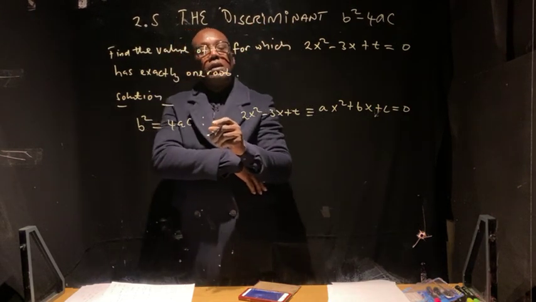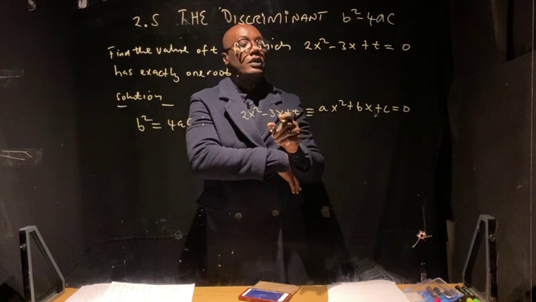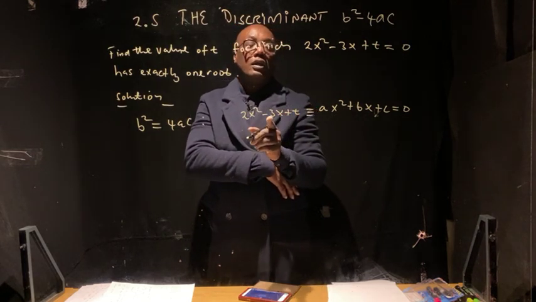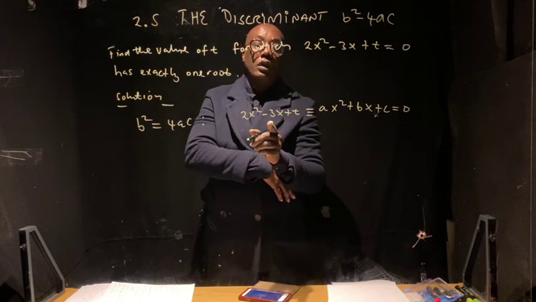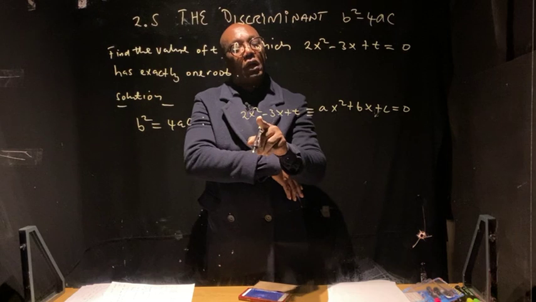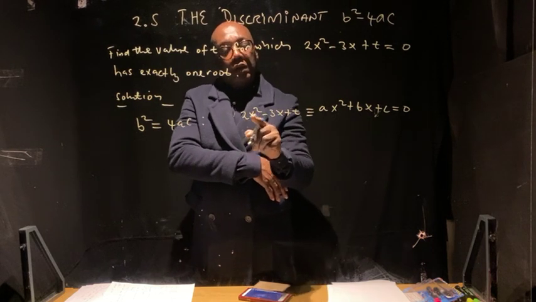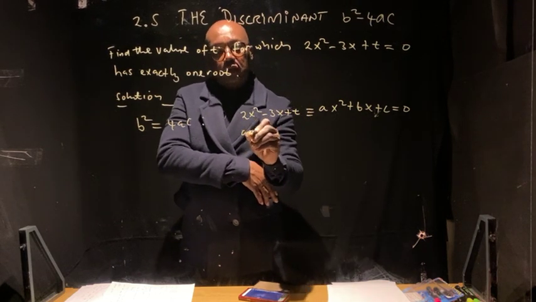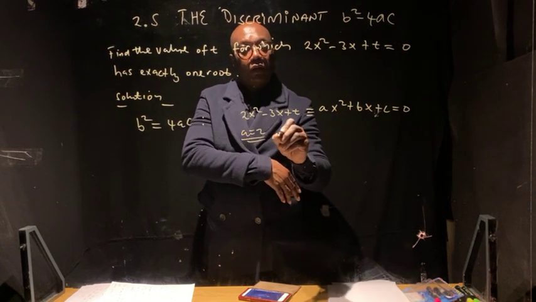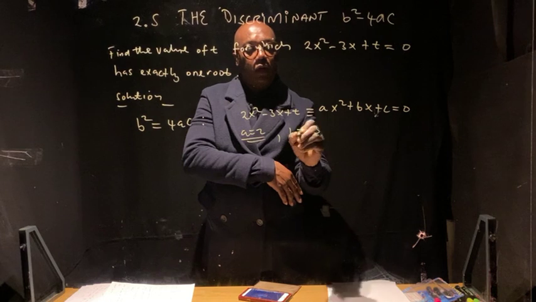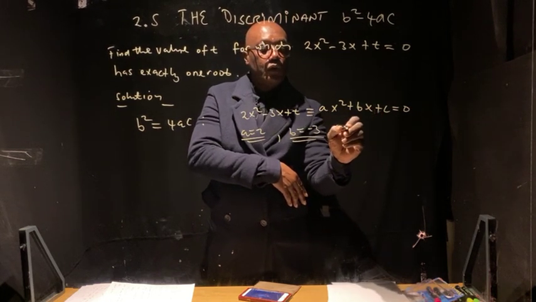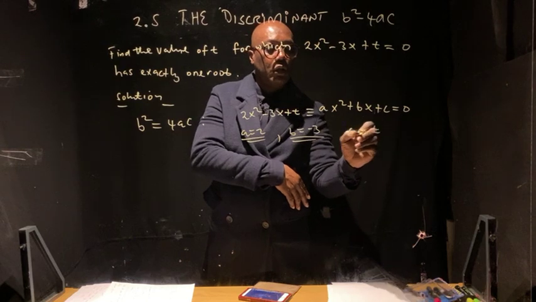Comparing the coefficients of x squared, the coefficient of x and the constant, we can see that the coefficient of x squared indicates that a equal to 2, coefficient of x, b equal -3, and the constant c equal t.